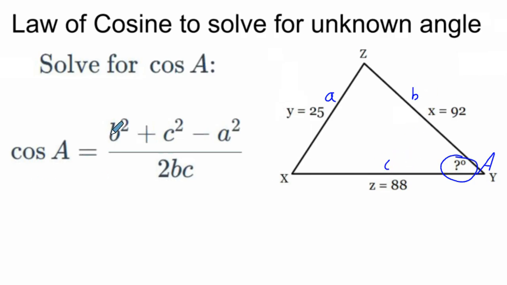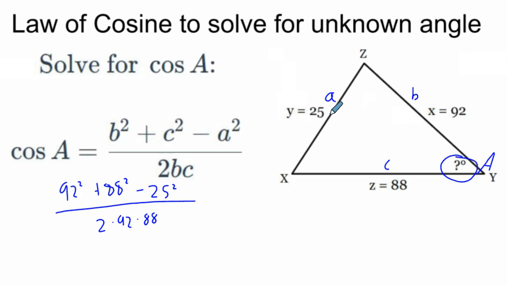So I'm going to have B as 92 squared plus C, which is 88 squared minus 25 squared over 2 times 92 times 88.